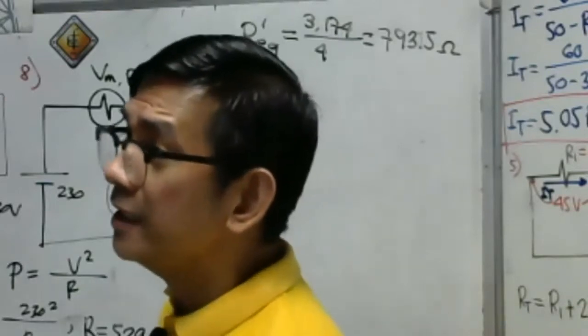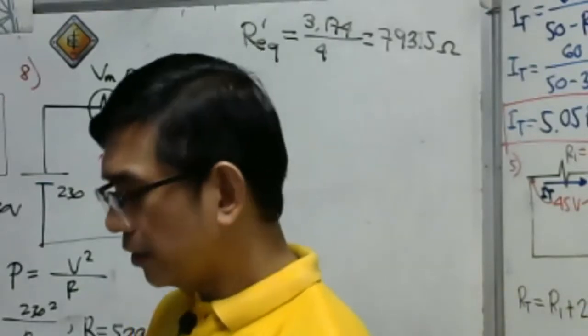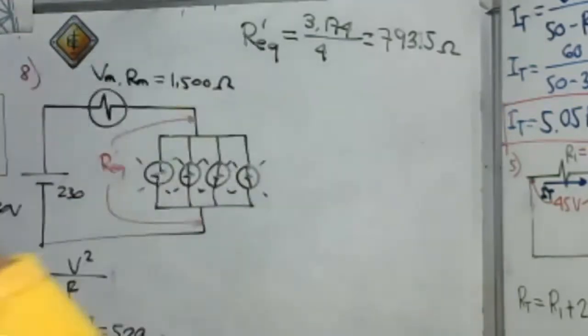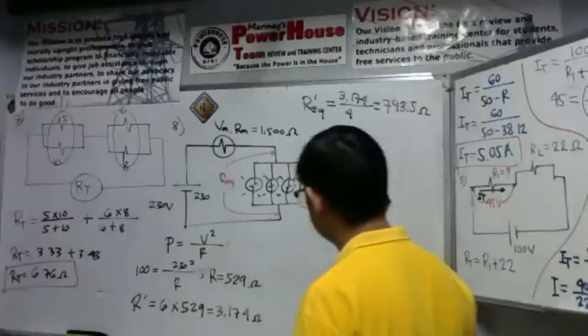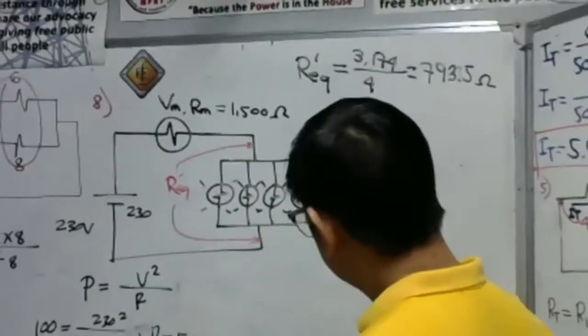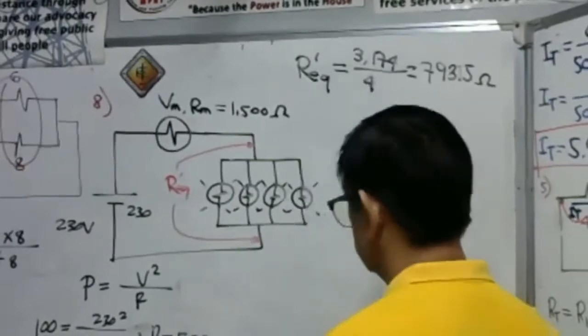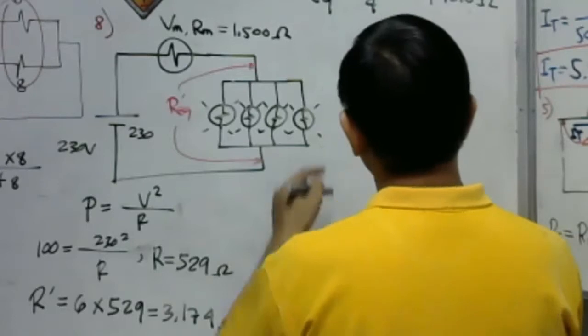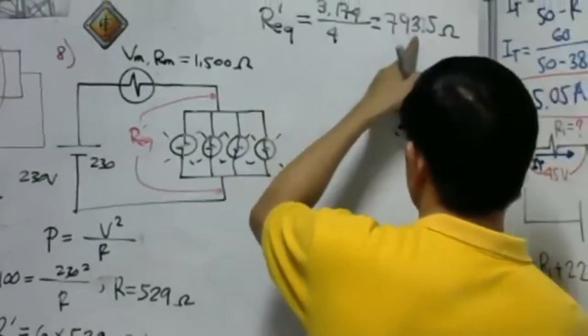What is the question again in the problem? What will be the reading of the voltmeter? Remember that our equivalent resistance is 793.5.